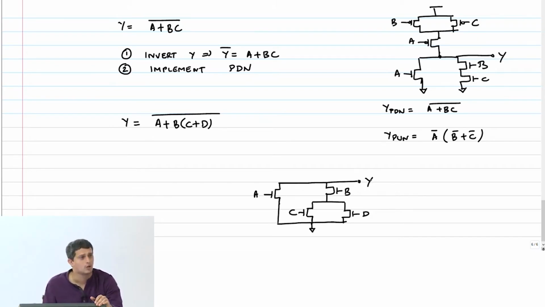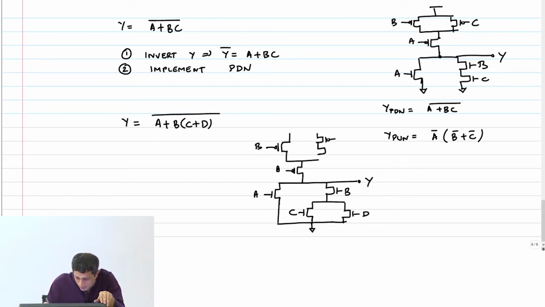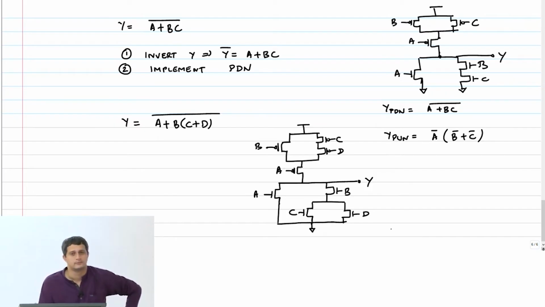Yeah. What about the pull up? Again, I have to have A now in series with the whole thing, right? In series with B has to now be in parallel with C and D in series. C and D. Okay, clear?